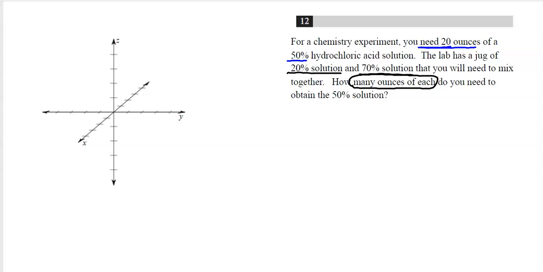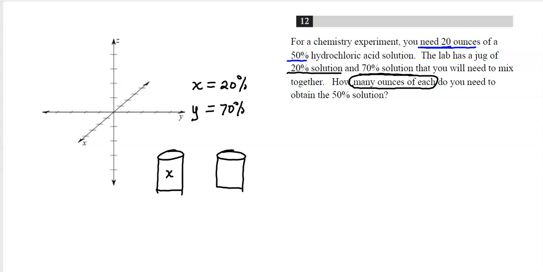So this is going to help me define my variable. Let's let x equal the 20% solution and y equal the strong stuff. All right? And we're basically mixing these together. We have a certain amount of x, and we have a certain amount of y, and we know that's going to come out to be 20 ounces. But I don't know what x and y are.